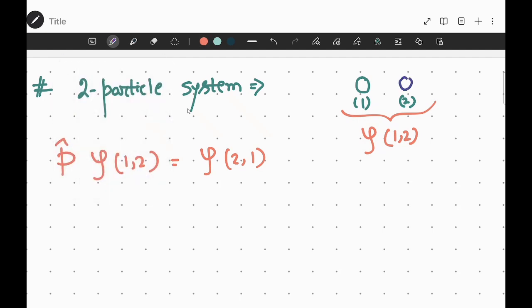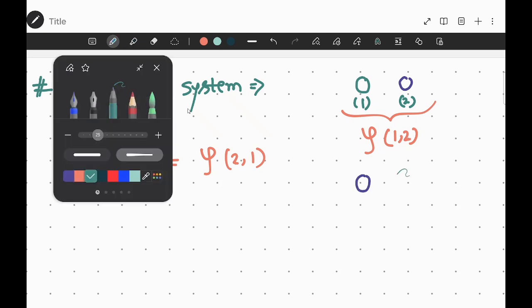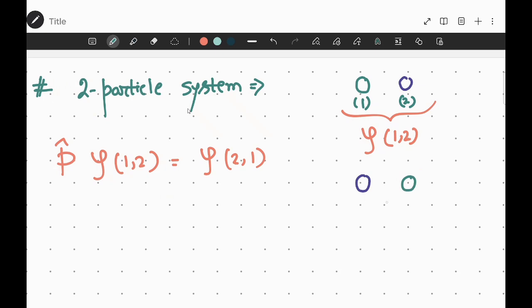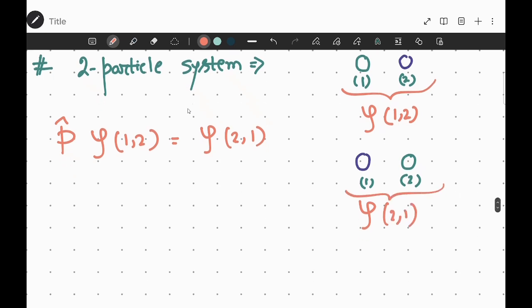This is psi 1, 2. Now, when it is changed, so now this is 2, this is 1. So this wave function becomes psi 2, 1. So is it clear? These two are different, psi 1, 2 and psi 2, 1.